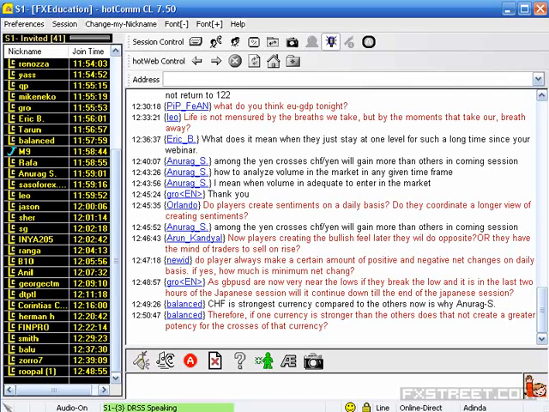So don't make a relative comparison of strongest and weakest. That is of no use for us. We have to see whether we can do a buy and sell trade in that currency or a sell and buy trade in that currency. I think that sort of mindset is very, very important rather than distracting our mind. So, does a currency being stronger than the others not create a greater potency for the crosses?